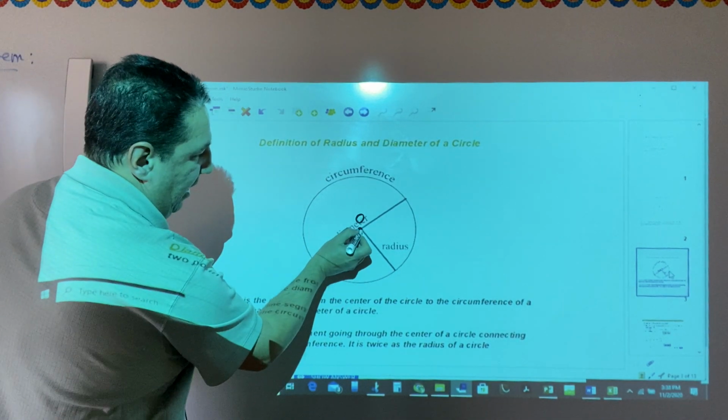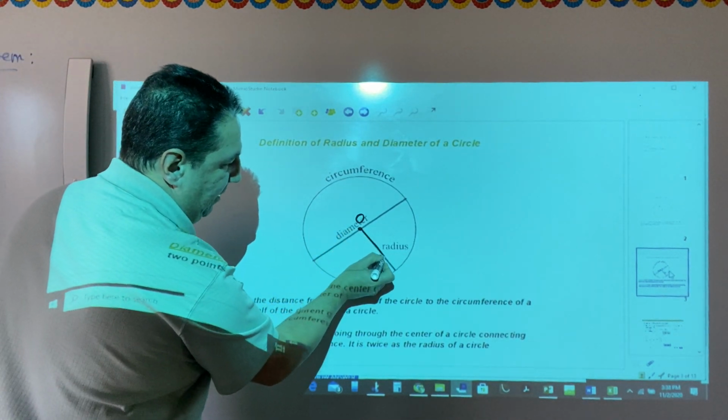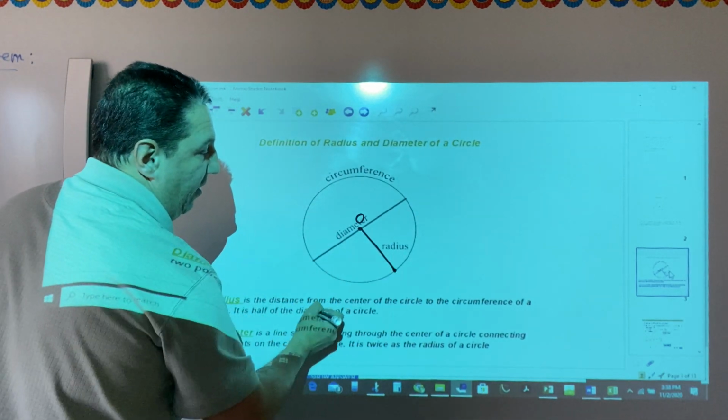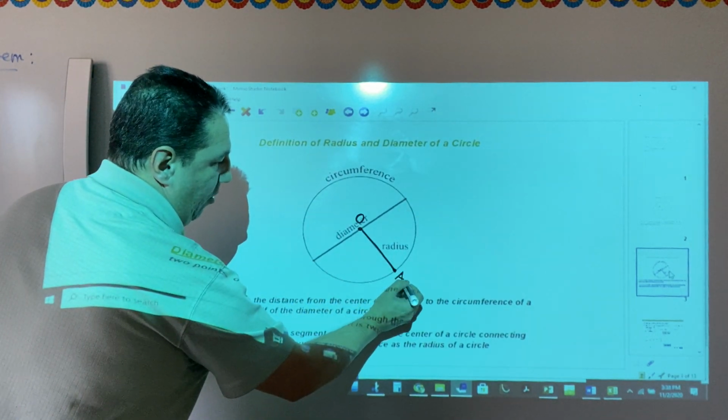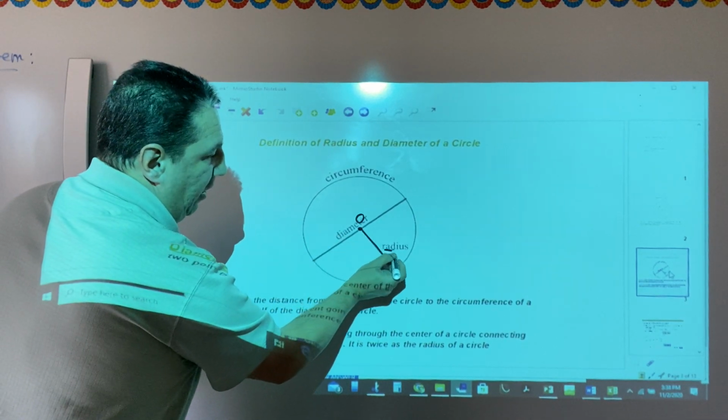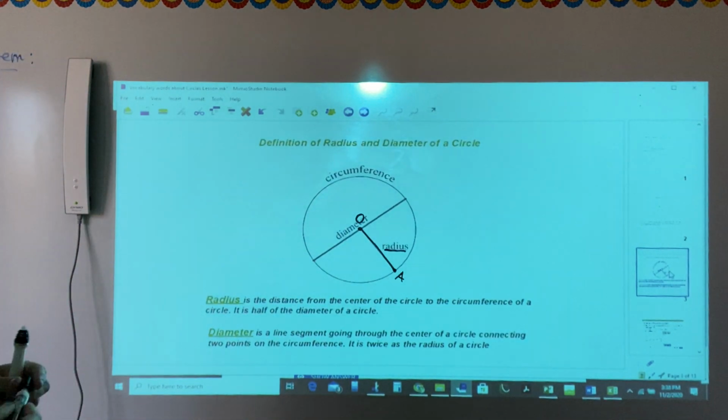In other words, it is the distance from the center of the circle to the circumference of the circle. Let's say O. So, this segment, we call it radius.